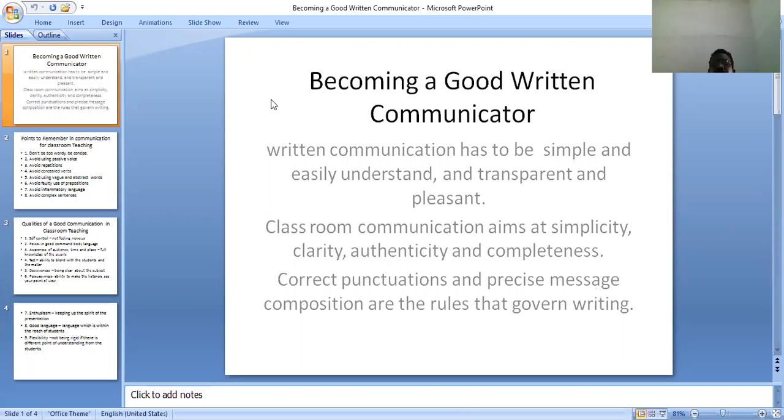So it should have completeness. If you are standing in the classroom, the speaker may think you are asking a question, or that you have some doubt or trouble. Also, in written communication, place correct punctuation.